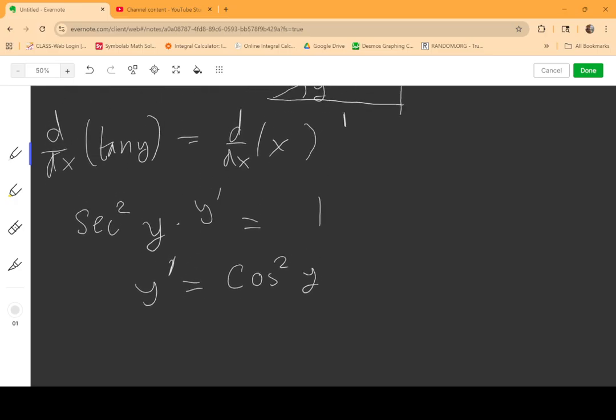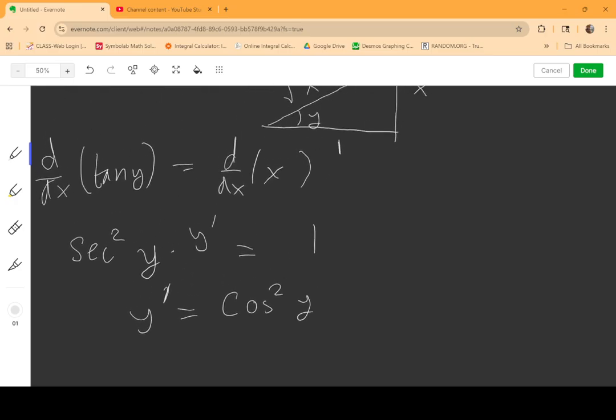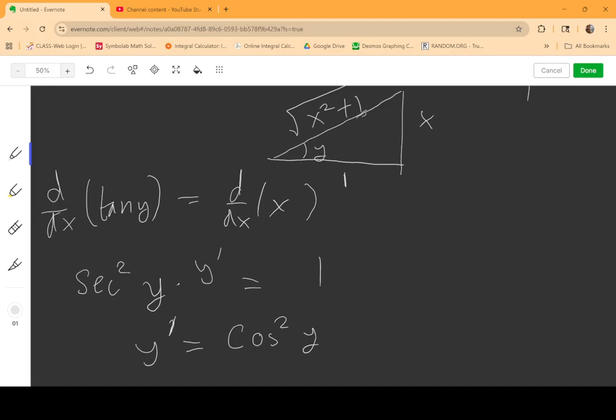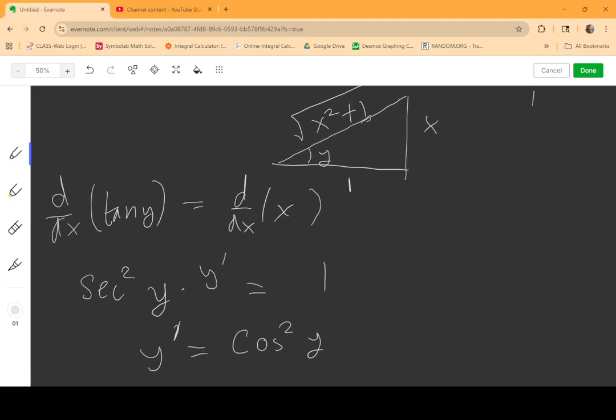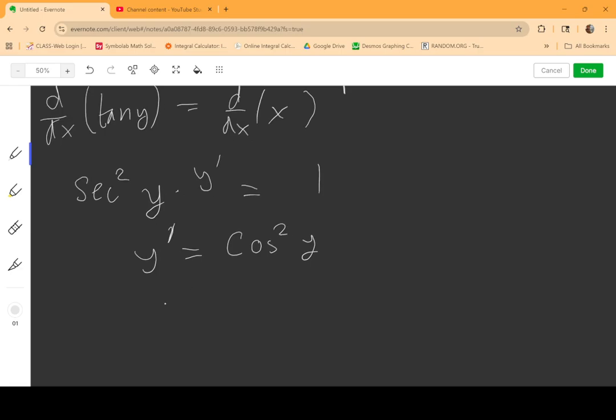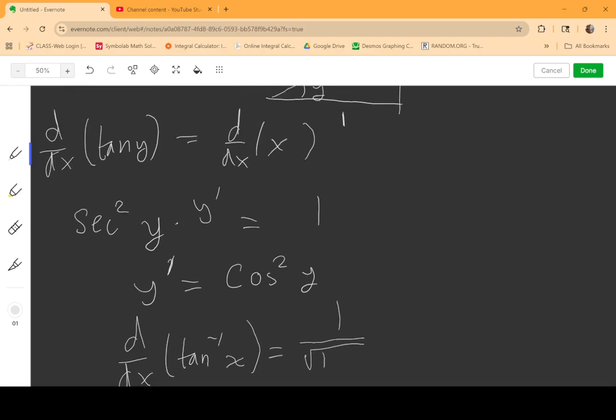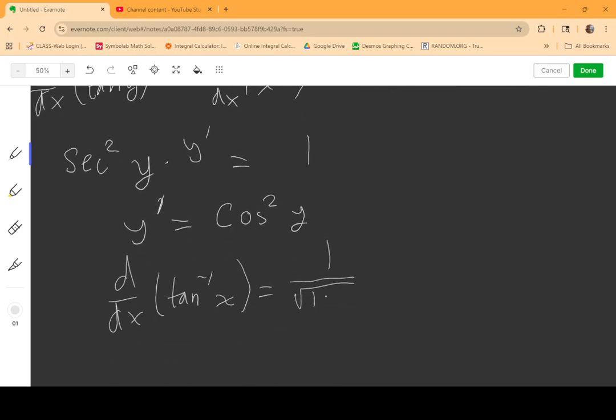Putting it in terms of x, cosine squared is simply going to be adjacent over the hypotenuse. So we get d/dx of tangent inverse of x to be equal to 1 over the square root of 1 plus x squared, all of that squared, or 1 over 1 plus x squared, simplifying.